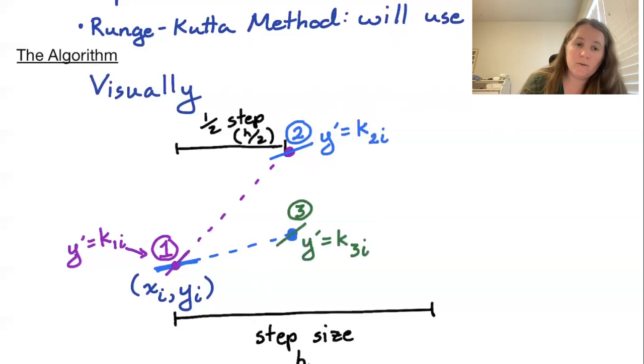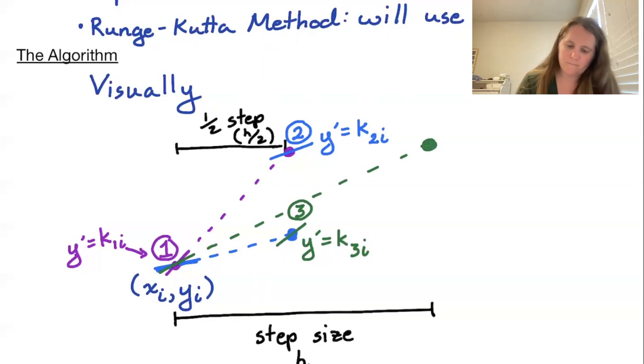And then we will use that slope to create a line. And this time around, we'll go the entire step. And once again, we'll find the slope here.